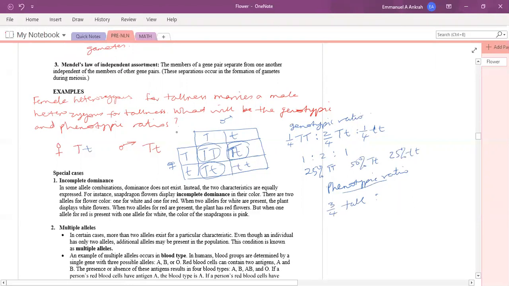And 1 person will be short. 1 out of 4 possibilities short, because that's a short one here. In other words, we have 75% of them tall and 25% short. So that's how you use the Punnett Square to answer information like this on the test.